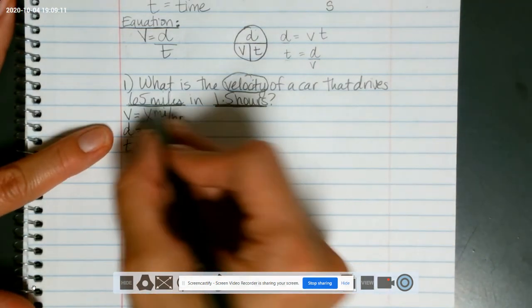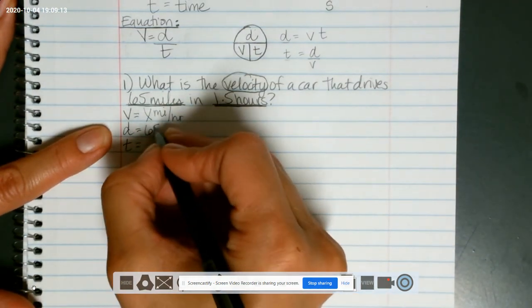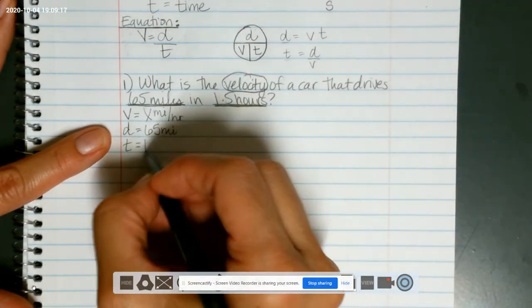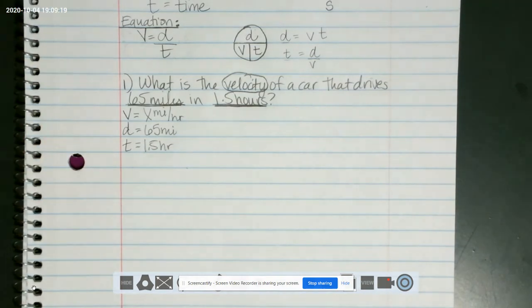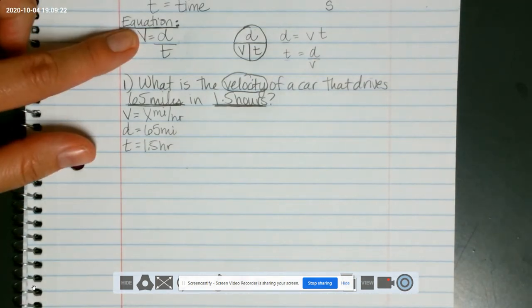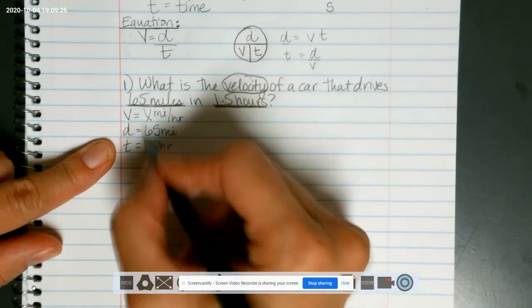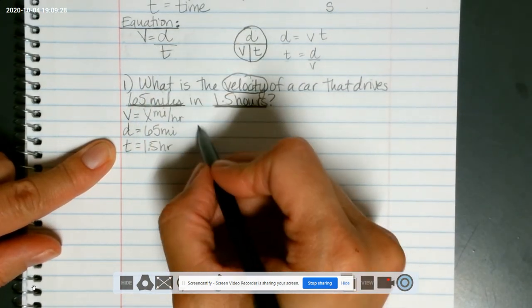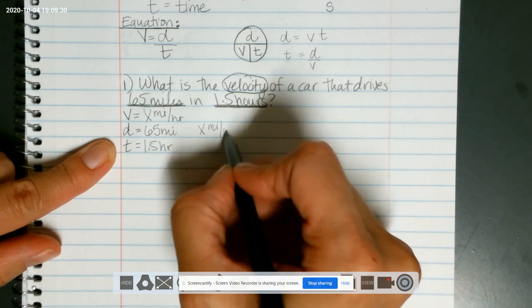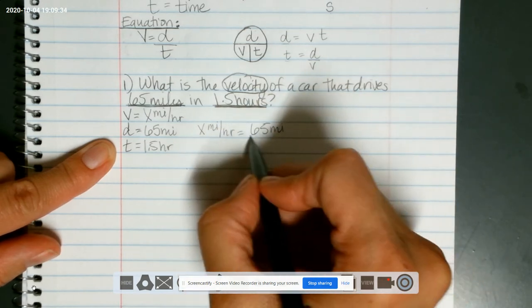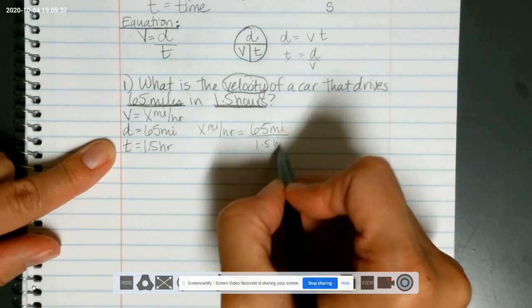Now my distance, or displacement in this case, is going to be 65 miles, and my time is 1.5 hours. So we're using our base equation, v equals d divided by t. So I'm going to plug in these numbers right into this equation. So x miles per hour equals 65 miles divided by 1.5 hours.